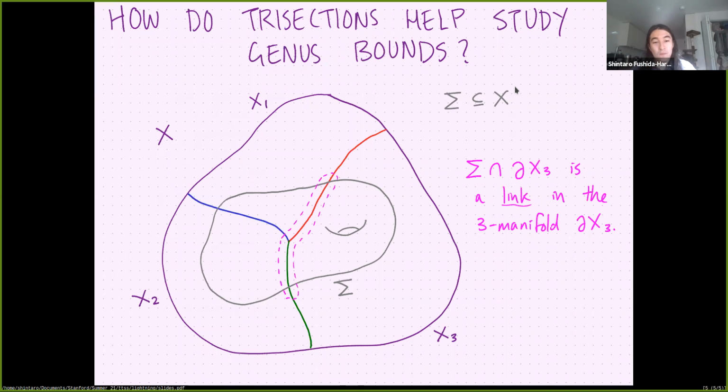So overall, studying a surface in this four manifold reduces to studying this link inside this three-dimensional spine. This reduces our problem to a knot theory in three dimensions question, and in three dimensions, algebraic topology rules. So in the end, we can obtain a combinatorial proof.